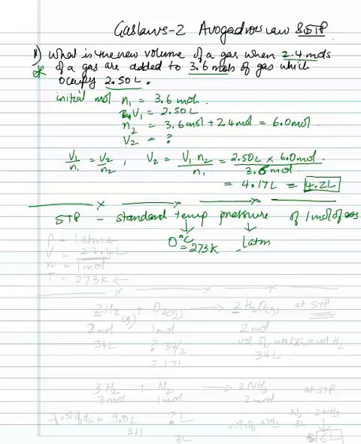Remember we usually talk about 4 values, P, V, N, and T. That's what we've learned about so far. So the pressure at STP is 1 atmosphere, the N is 1 mole, the temperature at that point is 273 Kelvin.